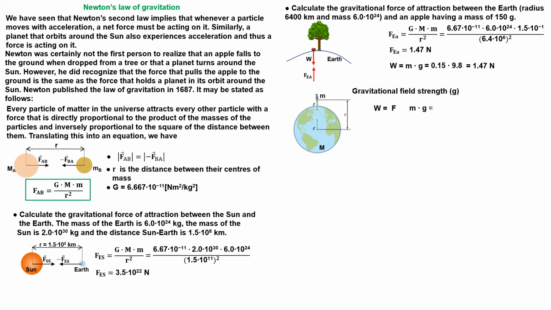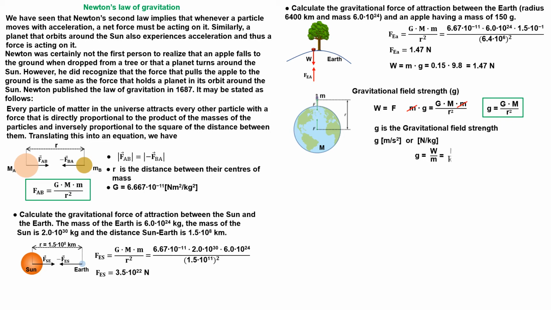We equate the weight of the particle on Earth to the gravitational force acting on the particle to get the gravitational field strength g. We see that the field strength is actually equal to the acceleration of gravity. We can express the magnitude of the field strength in either newtons per kilogram or meter per second squared. However, if we are dealing explicitly with field strengths, then we tend to use the unit newtons per kilogram.